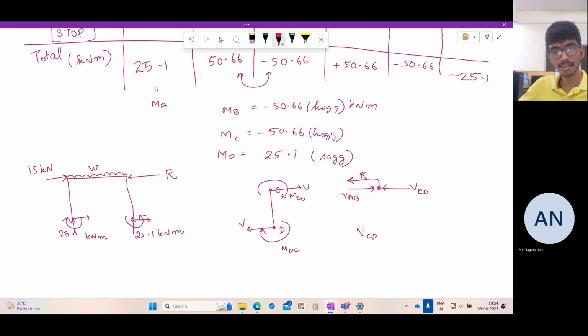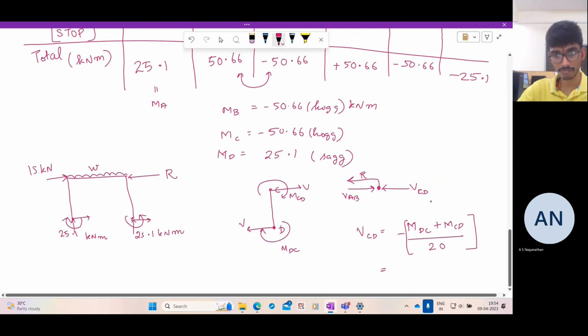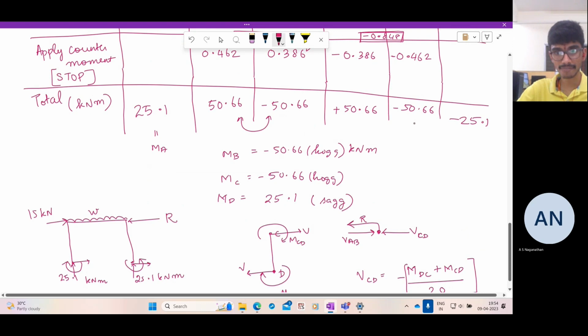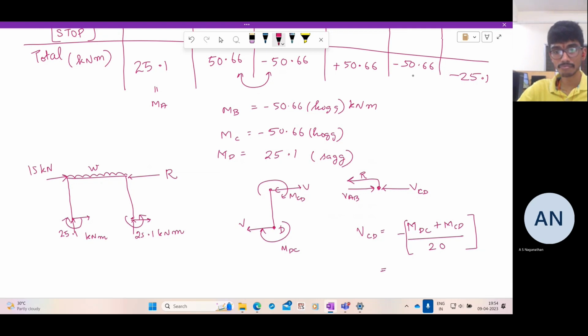So what is VCD? VCD is nothing but minus of MDC plus MCD by L. What is L? L is 20. So minus MDC plus MCD is, MDC is minus 25.1. MCD is minus 50.66.